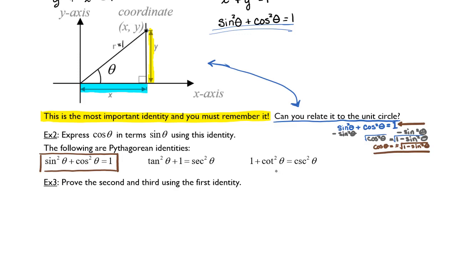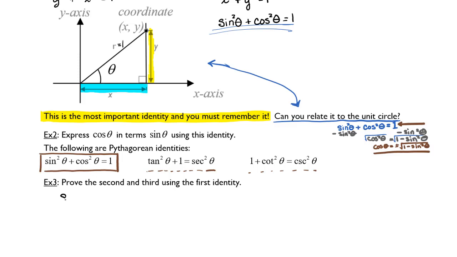Before I show you how to do this, I'd like you to pause the video and see if you can derive this second and third identity from the first one. It can be done, so give it a try.